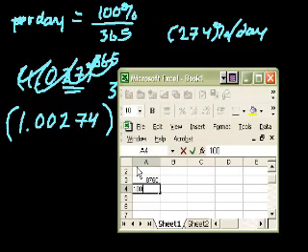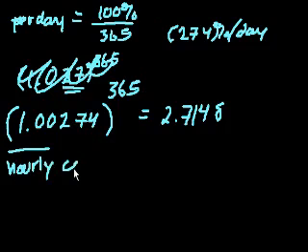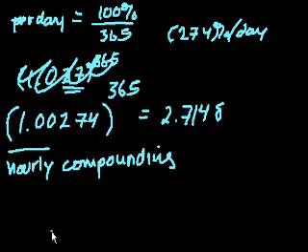And then if we want to divide 100%, which is just 1, divided by that number, I could charge you 0.01, what is that number? Yeah, it's 0.0114. So hourly compounding, I should have been doing this in green, it's money.